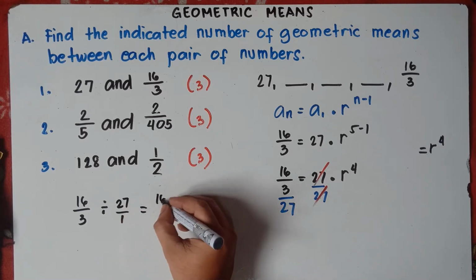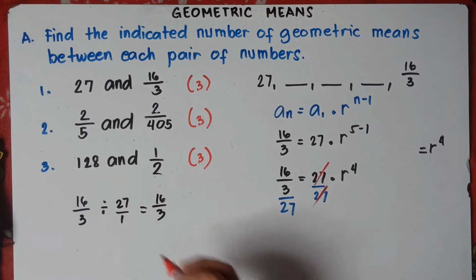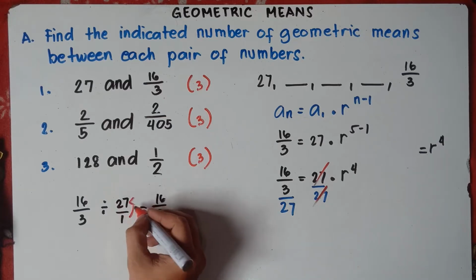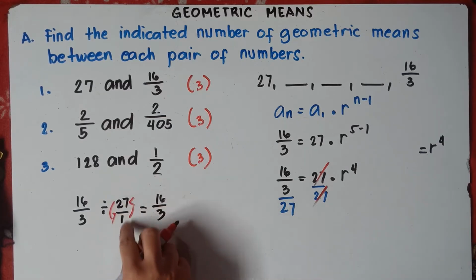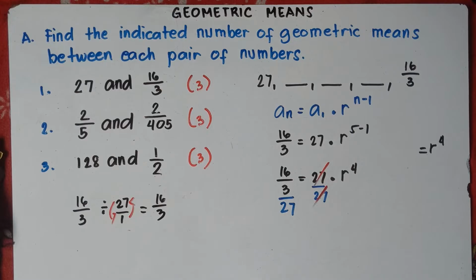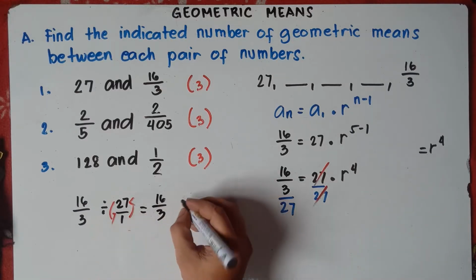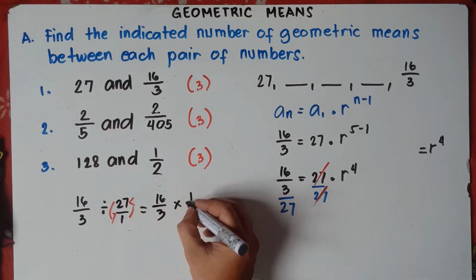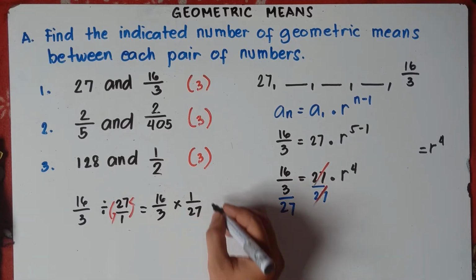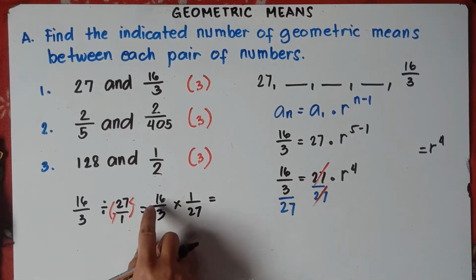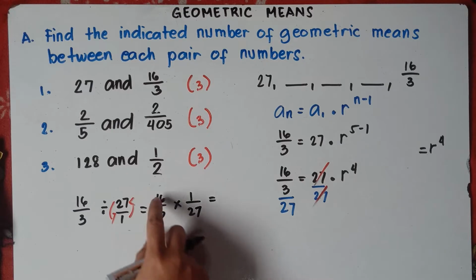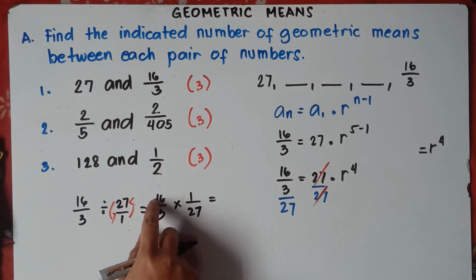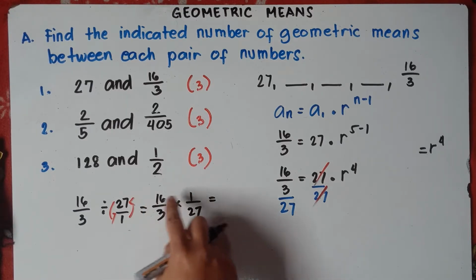So this will be 16 over 3, then the reciprocal of 27 over 1 is 1 over 27, and you change the operation to multiplication. Check if we can reduce 16, 27, 1 and 3. Nope, we cannot reduce.